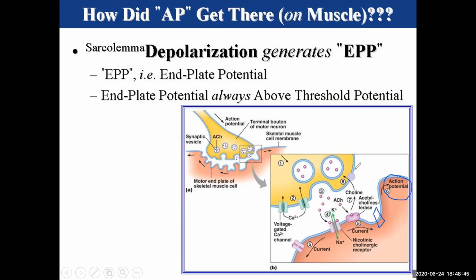It must also have voltage sensitive potassium channels. And it also must have the sodium potassium ATPase to clean up the mess caused by voltage sensitive sodium and voltage sensitive potassium channels.